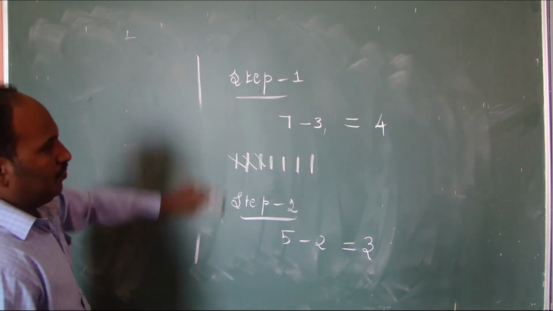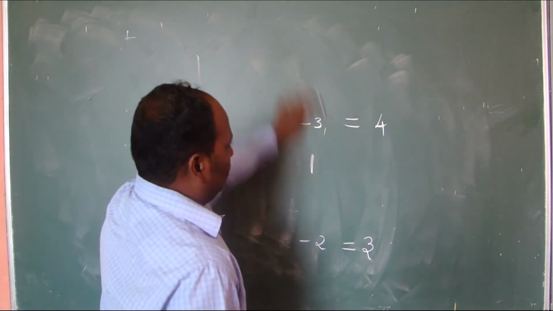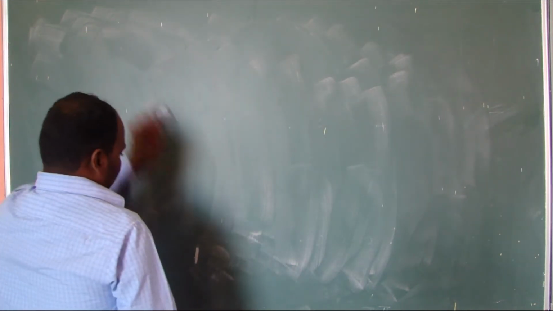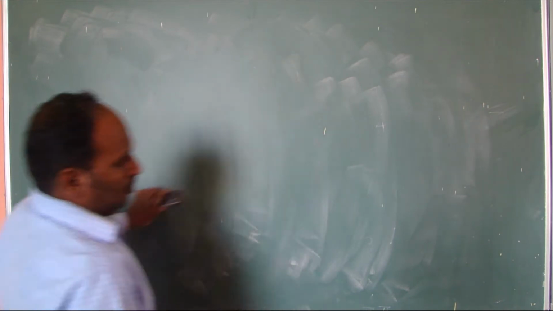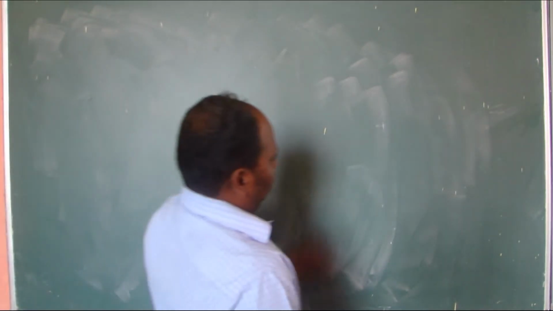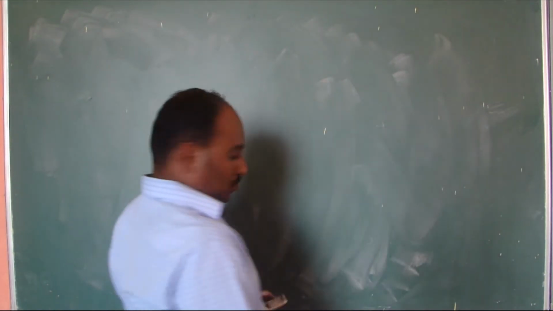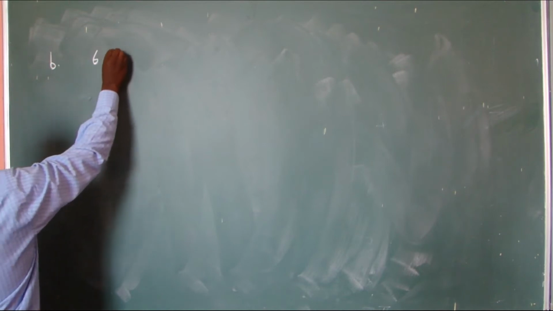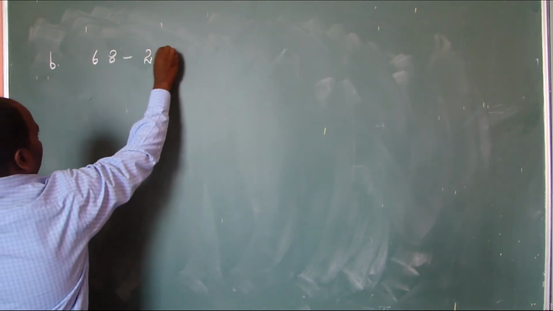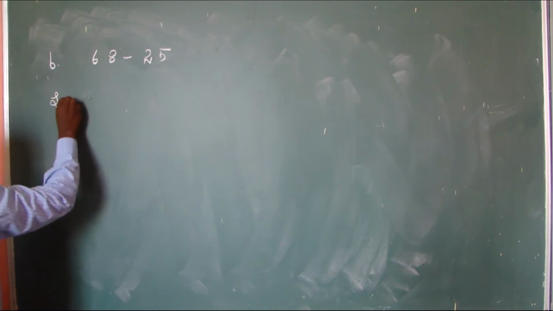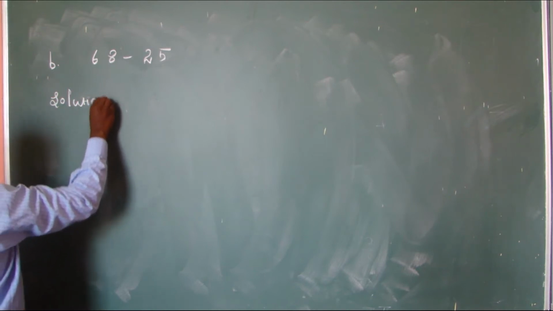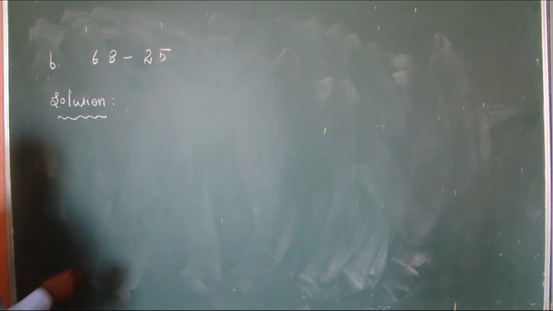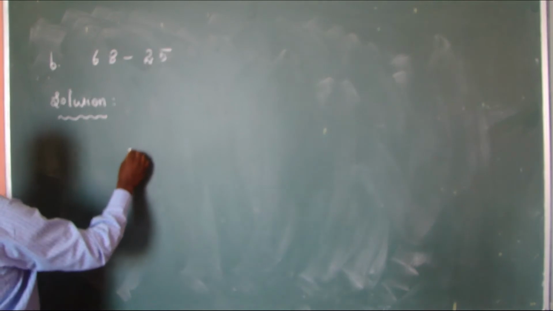B part. 68 minus 25. First we arrange the numbers vertically.